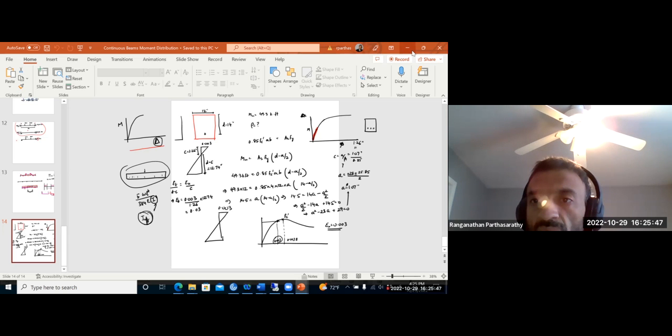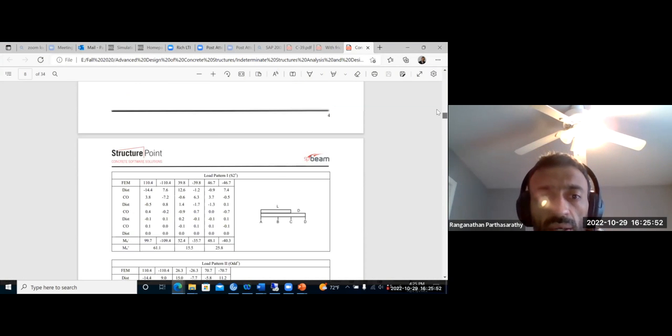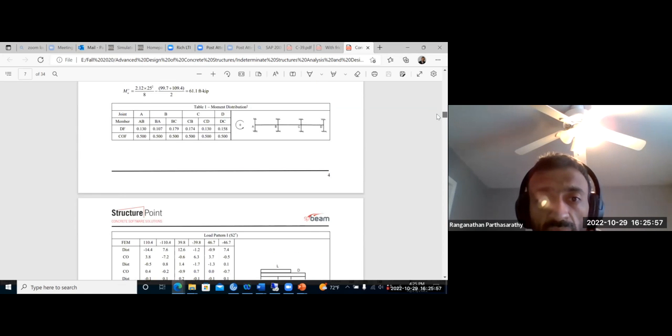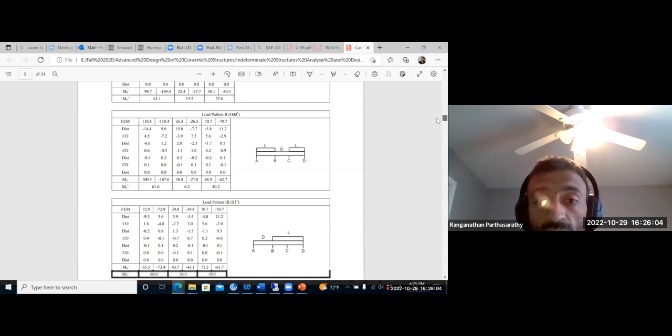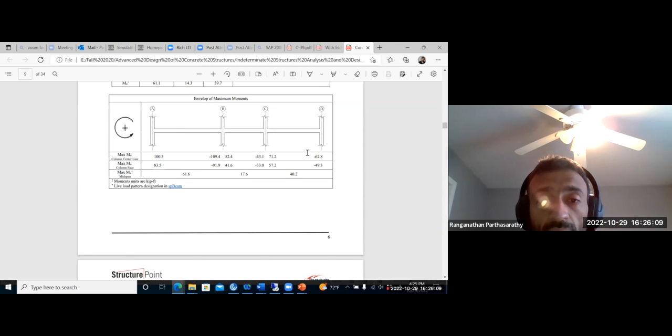As we said, the whole procedure of doing moment redistribution for the design, starting from first determining for each load pattern the moments along the spans at every support, then doing that for every load pattern, then getting the moment envelope, then once we get the moment envelope, going and doing the moment redistribution at every support, manually is very, very time consuming.